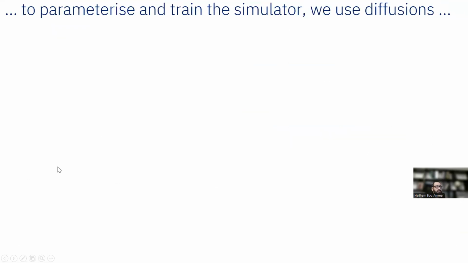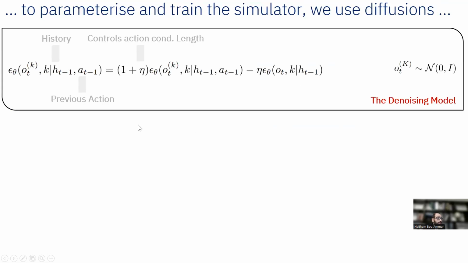Now, to parameterize the model, they use a diffusion model. When it comes to the diffusion model, their denoising model is given in this way. Epsilon theta of the observation OT at the denoising step K, conditioned on the history and the previous action, is given by 1 plus eta times epsilon theta of OTK, history HT minus 1, AT minus 1, minus eta times epsilon theta of OTK and HT minus 1.